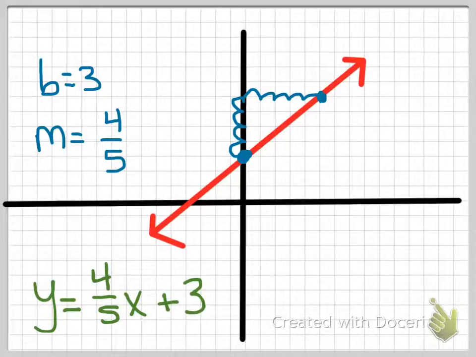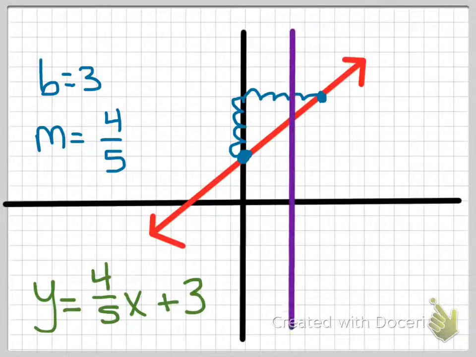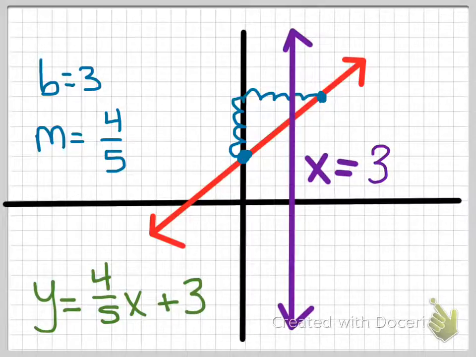Now remember, if a line crosses the x-axis, for example this purple line, its equation will be x equals, because that's the axis it crosses, and it will be x equals 3 because that's where it crosses.